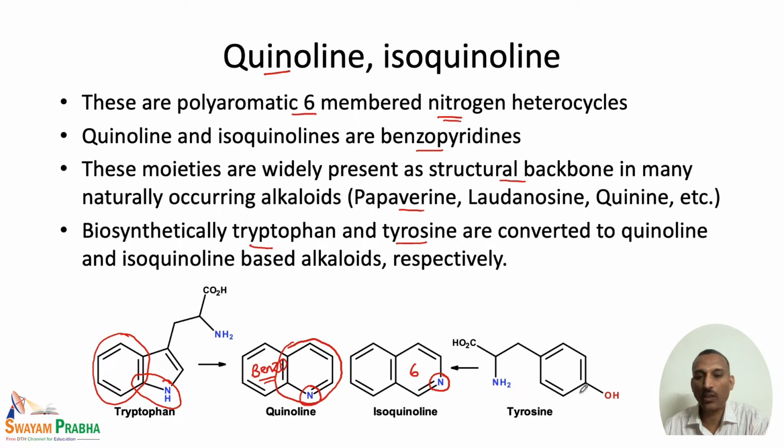If we look at tyrosine, this is the aromatic ring, and in the third position we have the nitrogen atom, but the ring is formed from this side. For the 6-membered ring formation, we need one more carbon unit, and that carbon unit may be added from this side. That is the reason the 6-membered isoquinoline moieties are formed from tyrosine biosynthetically.